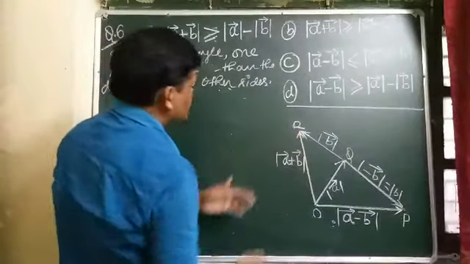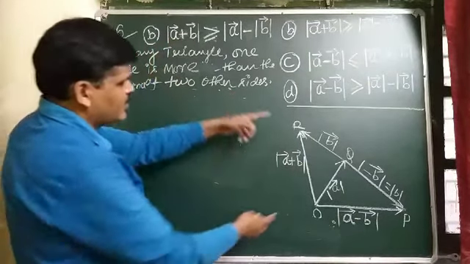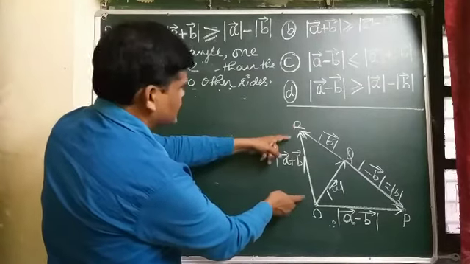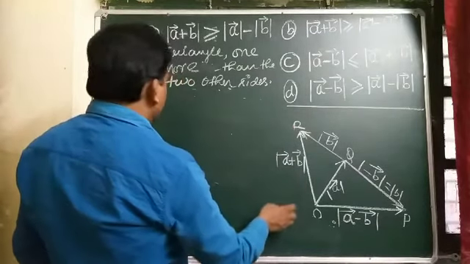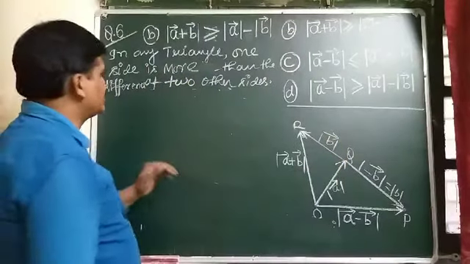So student, again we use it, because we have to prove mod vector A plus vector B. Suppose we have taken this as the first side, and this side is greater than the difference of the two other sides of a triangle.